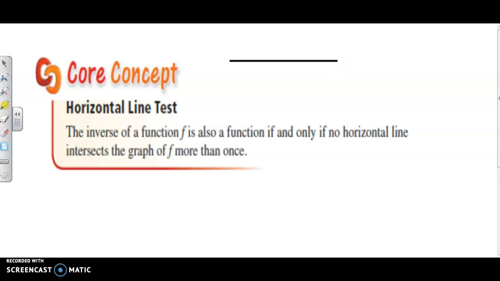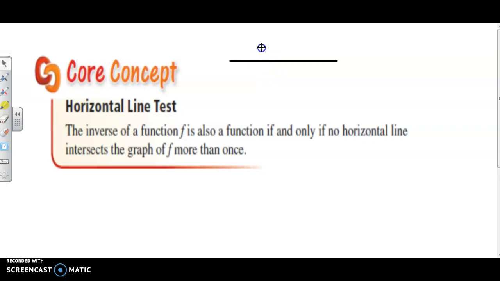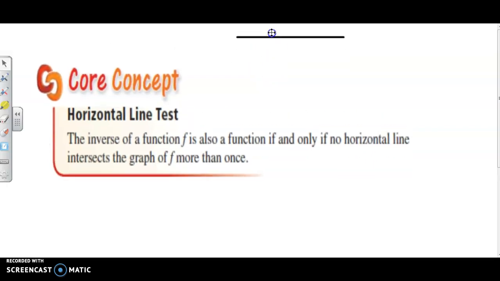So if you draw one of these horizontal lines and you move it up and down on the graph, if it only touches the graph in one place, then the inverse will be a function. If it touches the graph in more than one place, it will not be a function. So for instance, if I had a parabola like this, well, a nicer parabola, but a parabola kind of like that, this would be a function, but it would fail the horizontal line test, which means that its inverse would not be a function.